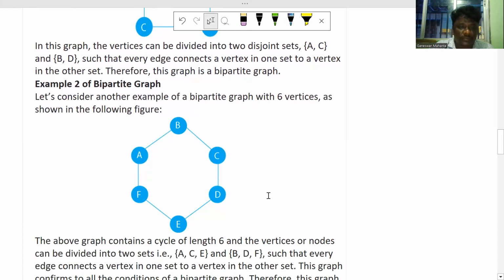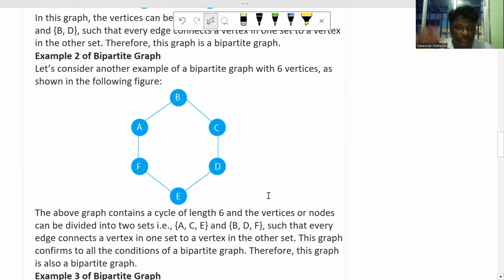Another example. Here is one figure with vertices A, B, C, D, E, F. Just look: consider B, D, F as one set of vertices, and A, C, E as the other set of vertices.